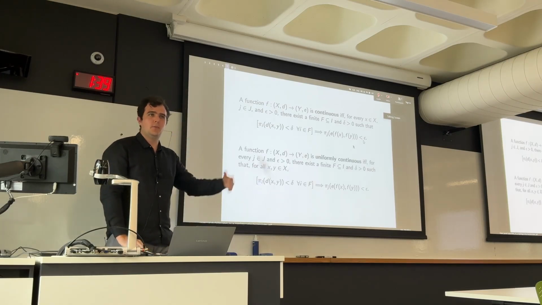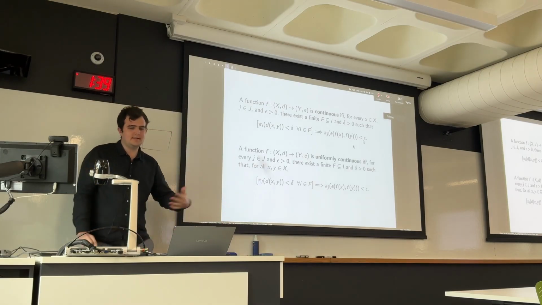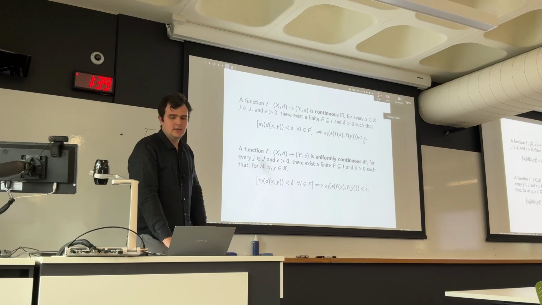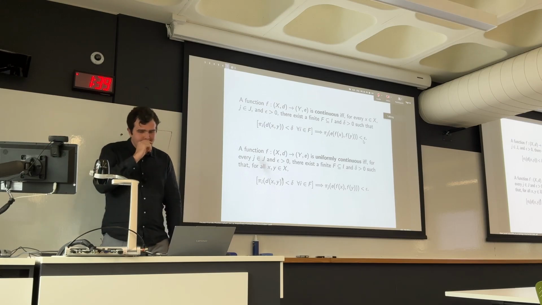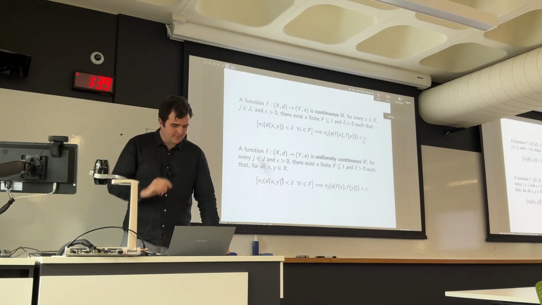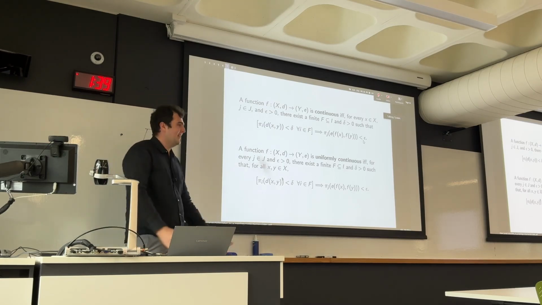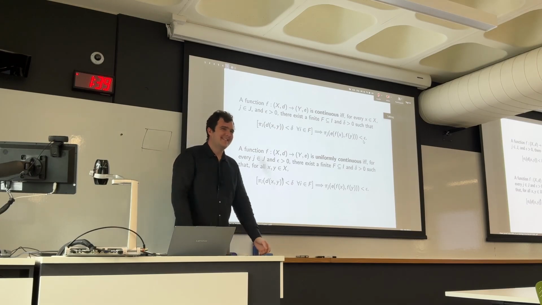And if you want uniform continuity, it's the same construction as always, except now none of your choices are allowed to depend on x. Okay, and that's the last slide. Thank you.